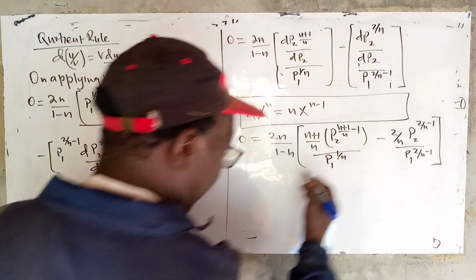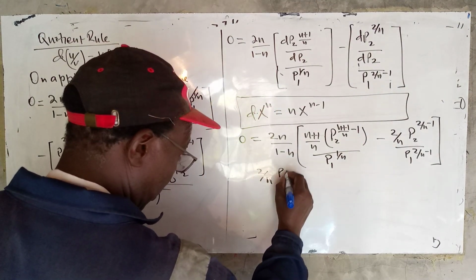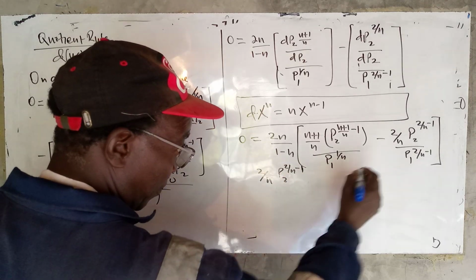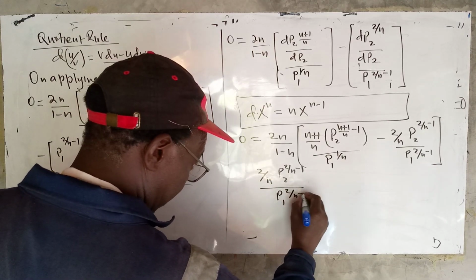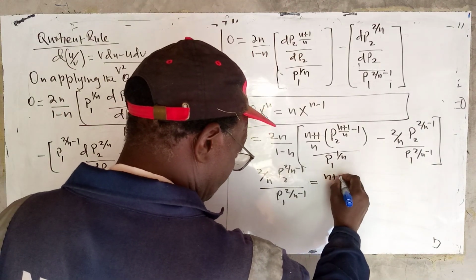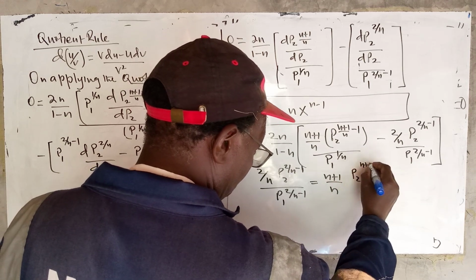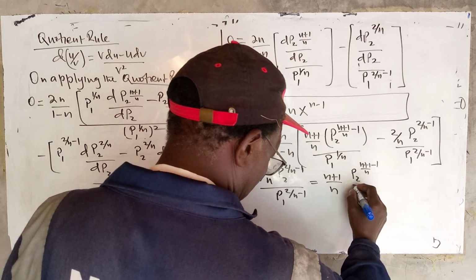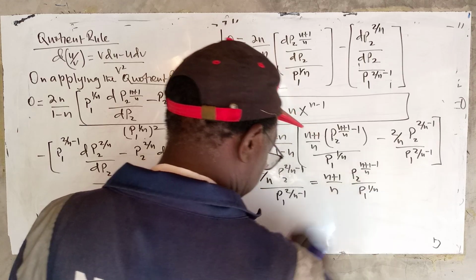So we'll be left with 2 over n p2, 2 over n minus 1 over p1, 2 over n minus 1 is equal to n plus 1 over n p2, n plus 1 minus 1 over n, over p1, 1 over n.